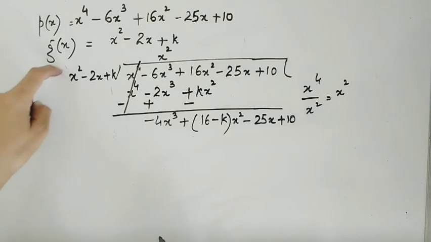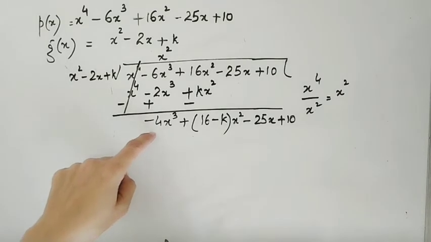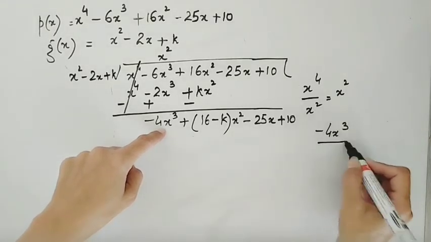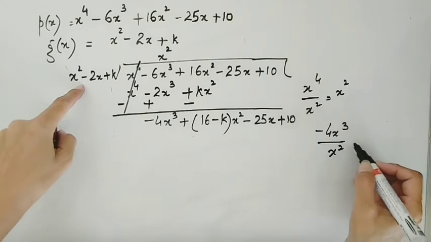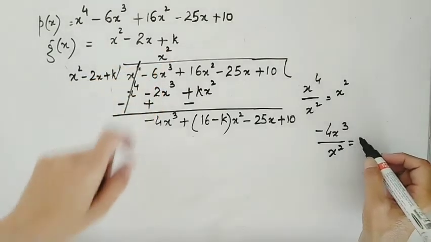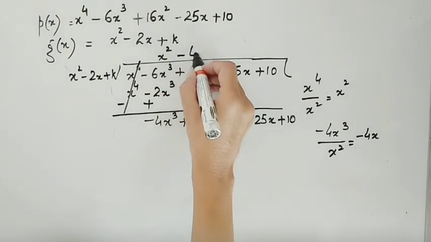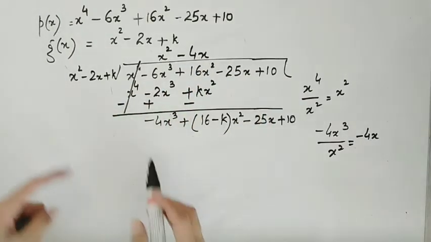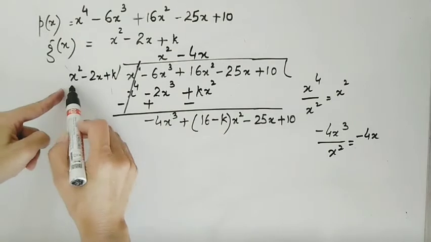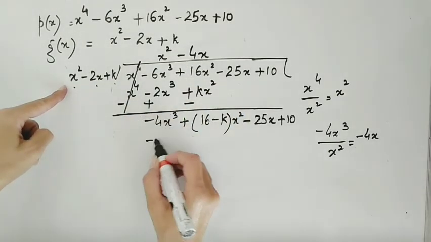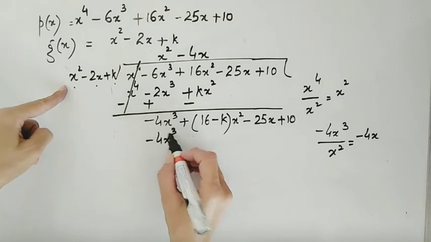X square is the first term in the divisor, and over here in the dividend it's minus 4x cube. So minus 4x cube needs to be divided by x square. So what should we write in the quotient? It's minus 4x. So minus 4x is the second term of the quotient. This would be multiplied by all these three. So minus 4x into x square would be minus 4x cube.